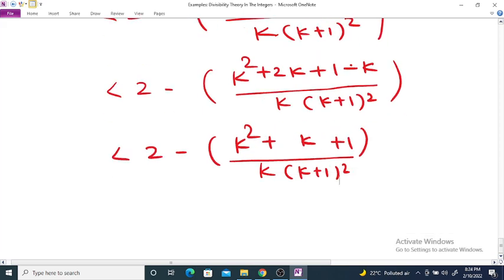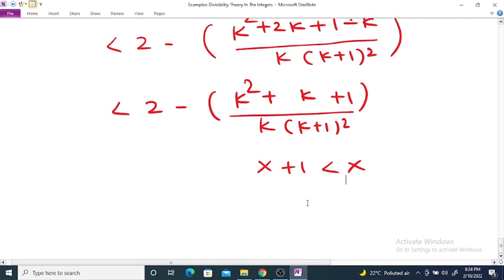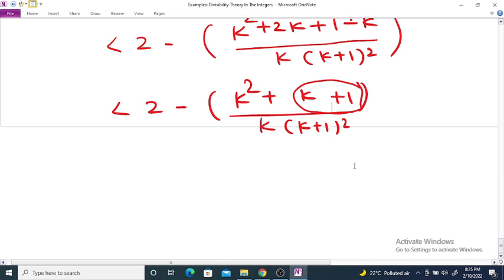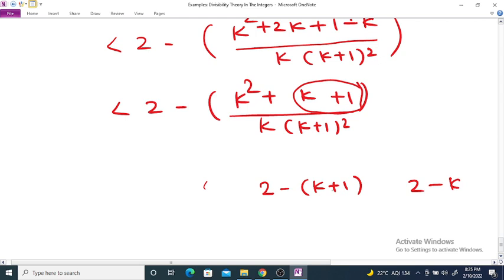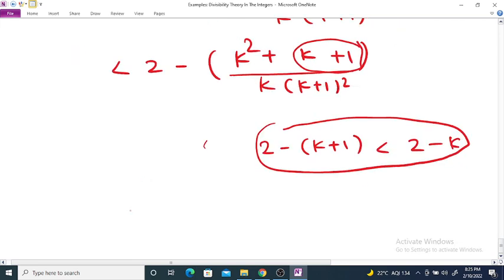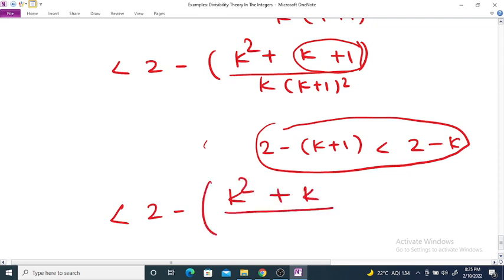As we know that 2 minus (k plus 1) is less than 2 minus k, by using this technique we can write this as less than 2 minus (k square plus k) divided by k into (k plus 1) bracket square.